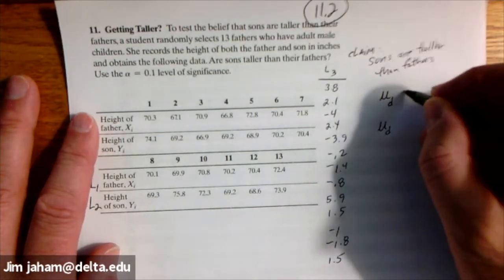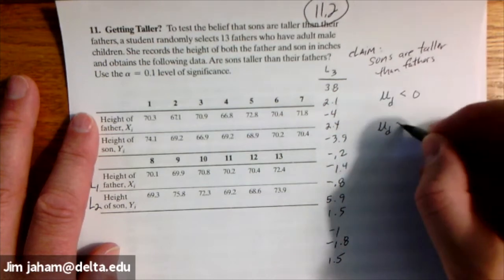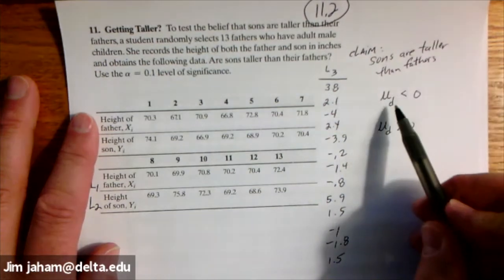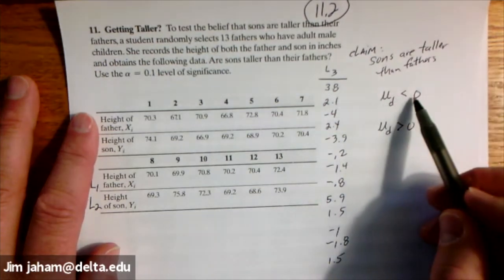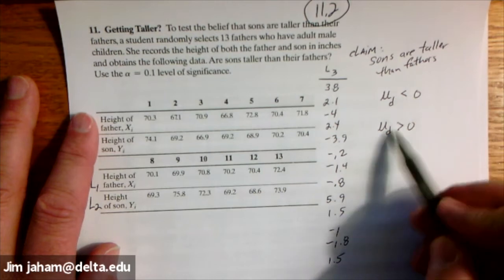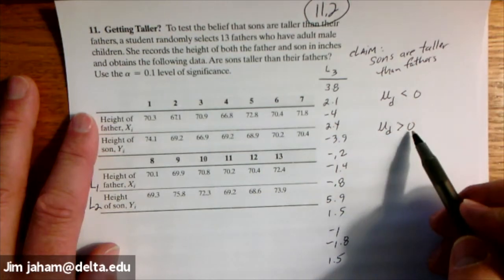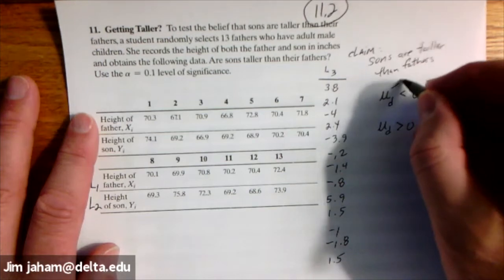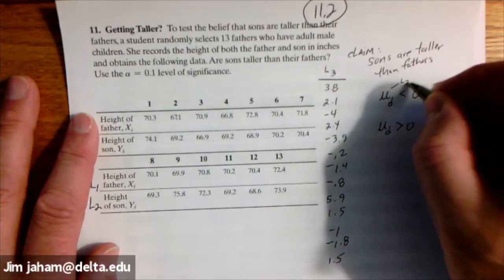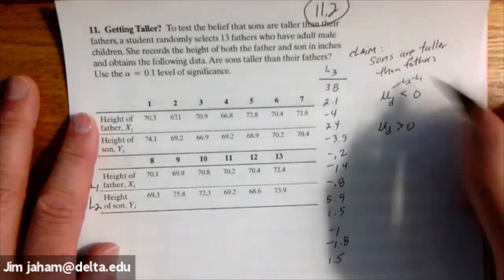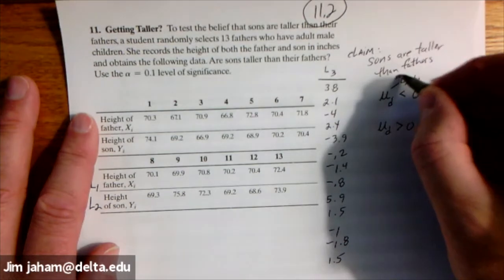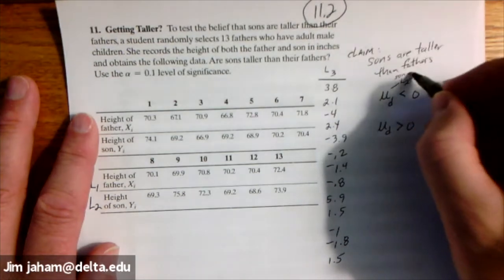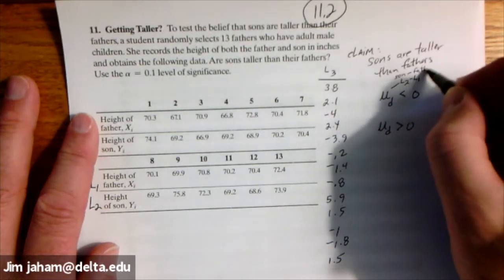Now, all right, you have two choices here. You have the mean of the differences is negative, or the mean of the differences is positive. Now, we subtracted L2 minus L1. So we took the son's height and subtracted the father's height.